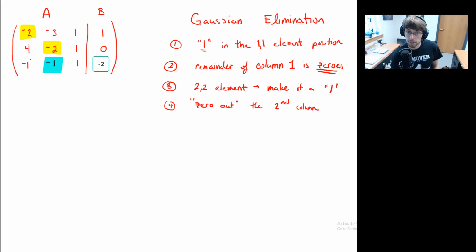And for simplicity, so that it'll go faster, we only need to 0 out the elements below the diagonal. So I'll say 0 out second column below diagonal.